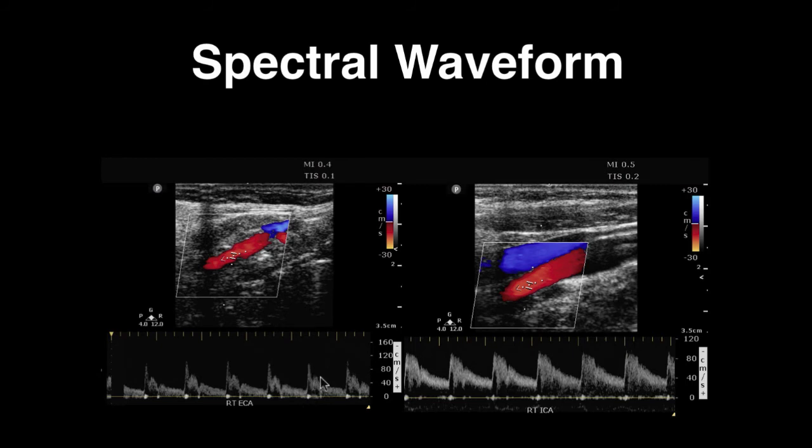You'll have a higher resistance here with less diastolic forward flow in the vessel that's supplying the face and the neck. But within the brain here, you can see that there is a greater degree of diastolic forward flow, and that's what you would expect in a low resistance vessel supplying the brain.